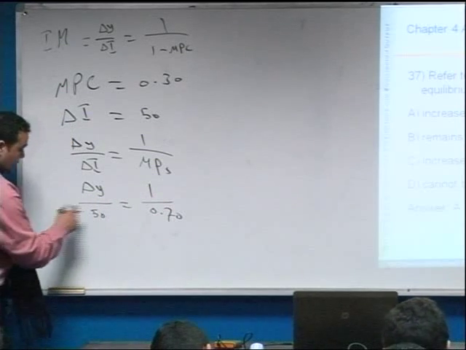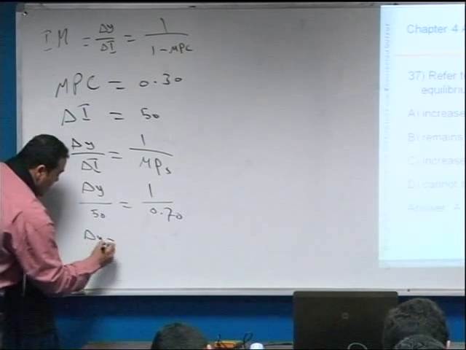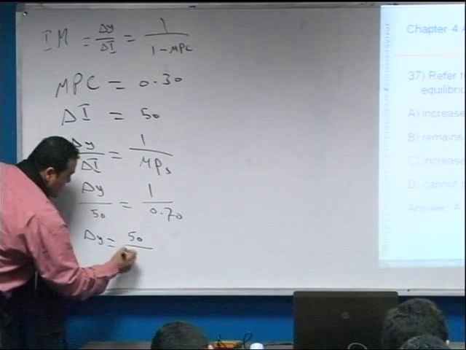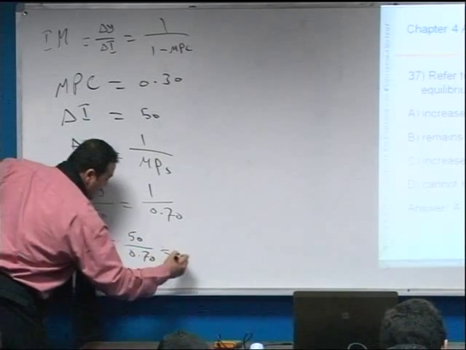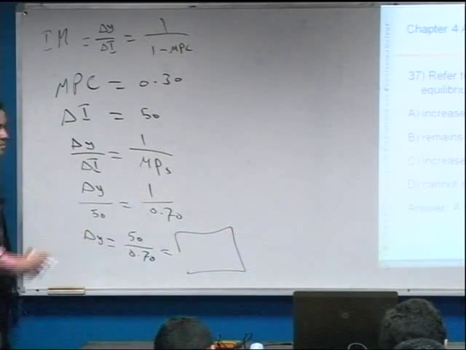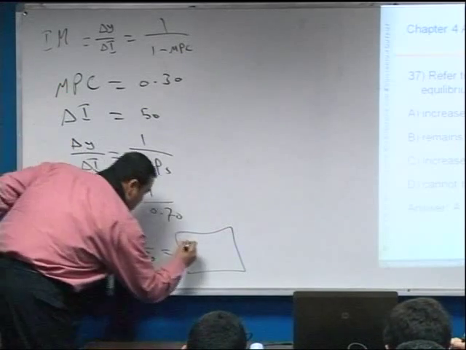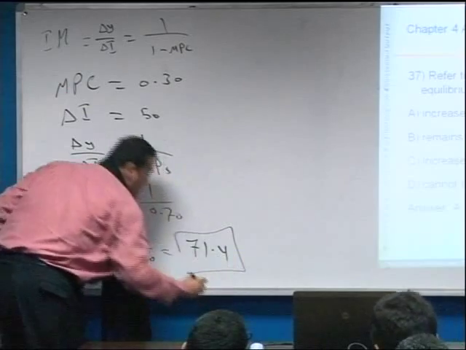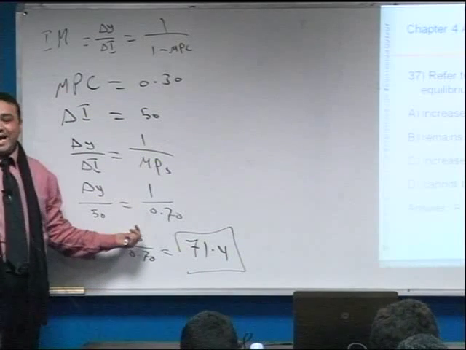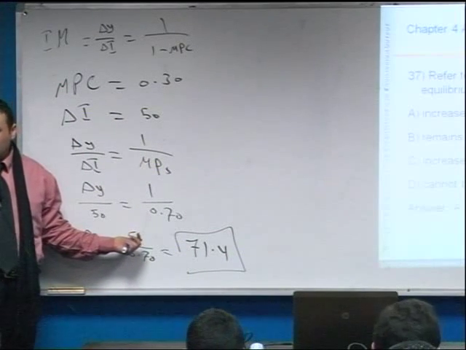So delta Y equals 50 over 0.70 equals how much? 71.4. This is the change in the aggregate output, right?